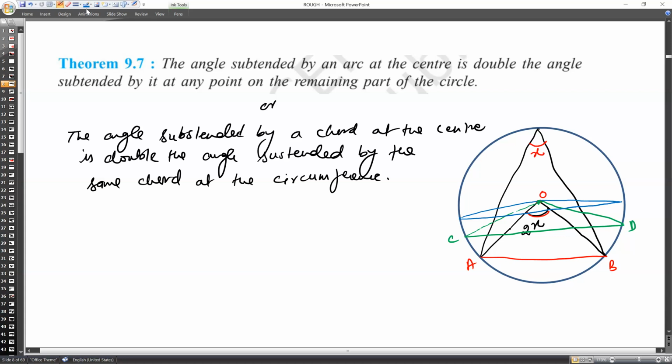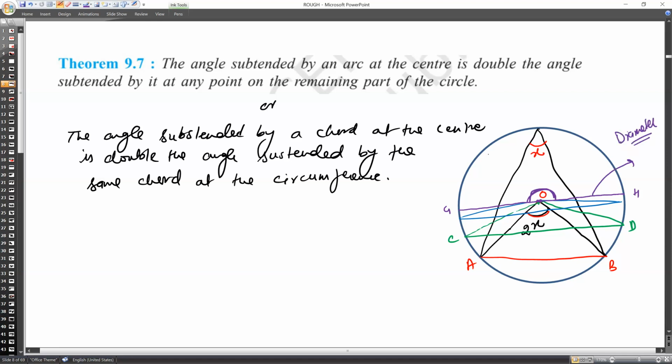But what if we have another chord passing exactly through the center? This violet chord is actually making exactly 180 degrees at the center, and EH is the diameter of the circle.